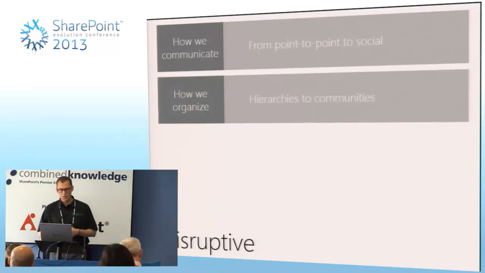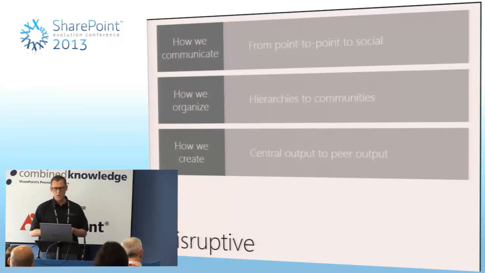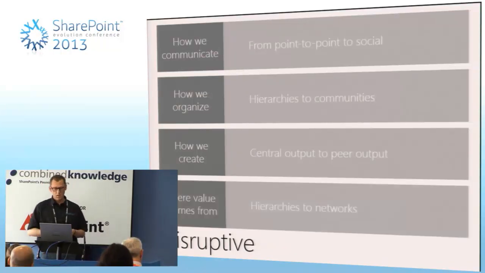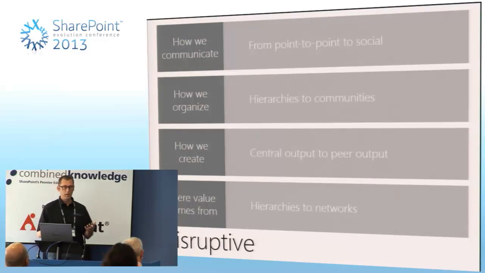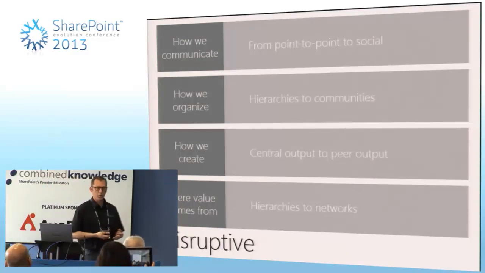The way organizations are built changes too: instead of hierarchical organization with departments and specific groups, people create their own communities of expertise and communities of interest. That's a big change in the way content and value are created. Instead of hierarchies, we see communities that create their own value and deliver it to whoever is part of that community.